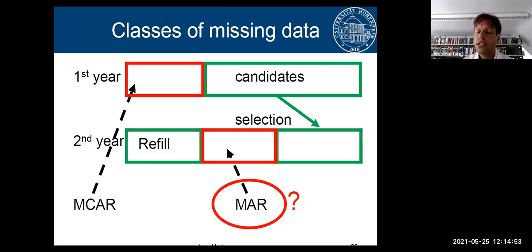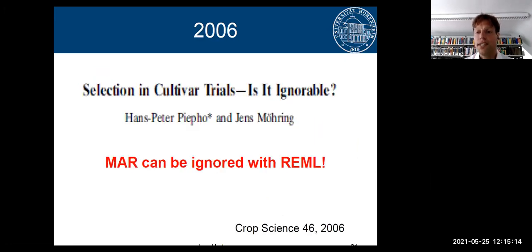And the question I want to focus on is whether this missing at random data pattern has any effect on estimating variance components. Is there any solution to this question? And obviously there is. There's a publication from Hans-Peter Piepho and myself with my old name in 2006, so a long time ago.